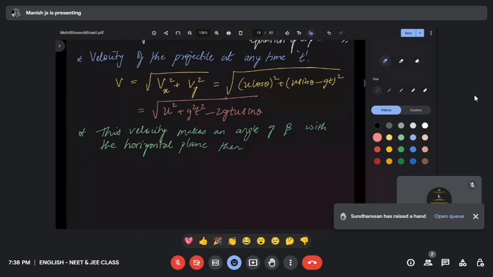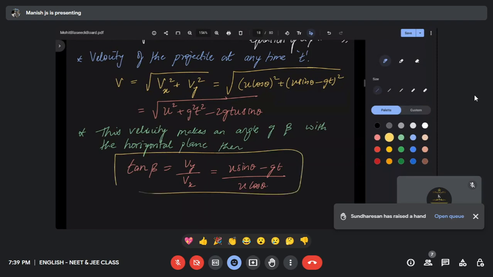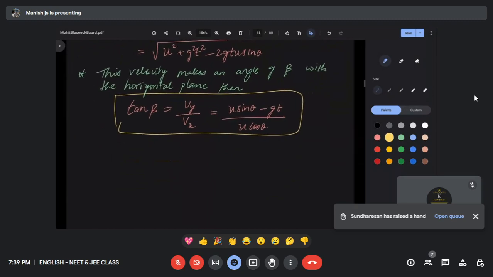We can use the tan ratio, opposite upon adjacent. So tan beta is equal to Vy upon Vx, the variation along the y-axis upon the x-axis. Substituting the corresponding values, this is u sine theta minus gt upon u cos theta. These are important formulas which you need to keep in mind, because each and every time it's difficult to derive all of them. So this is necessary. Okay, again we move on.